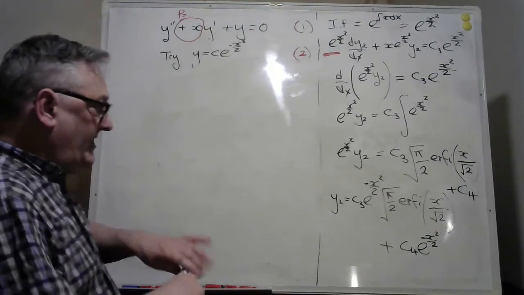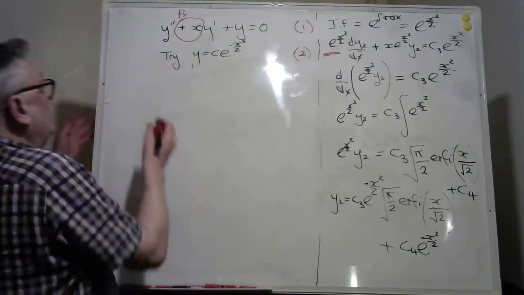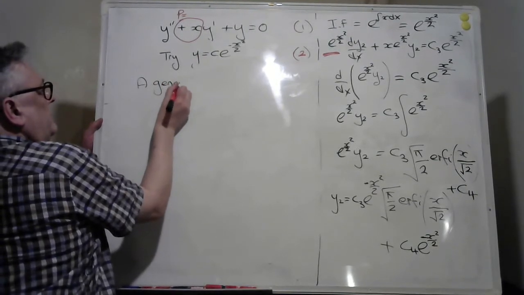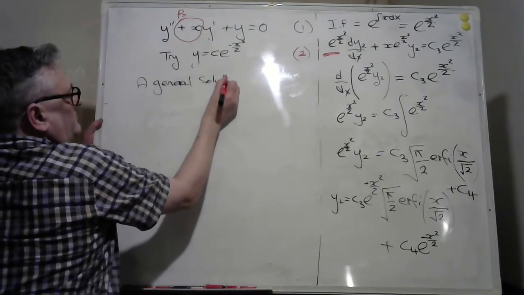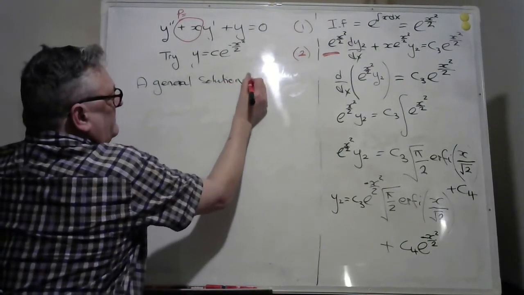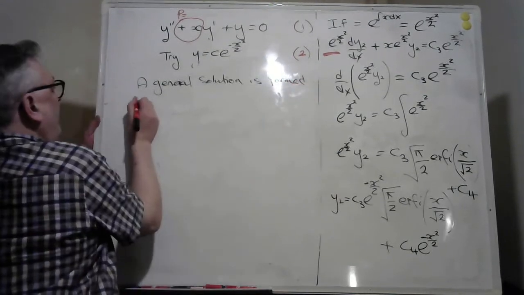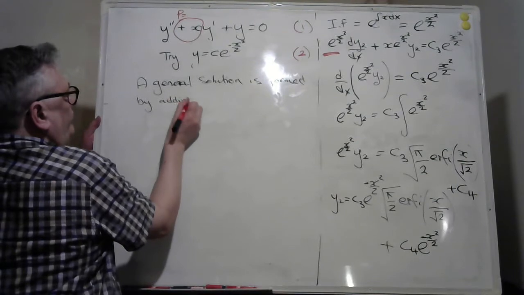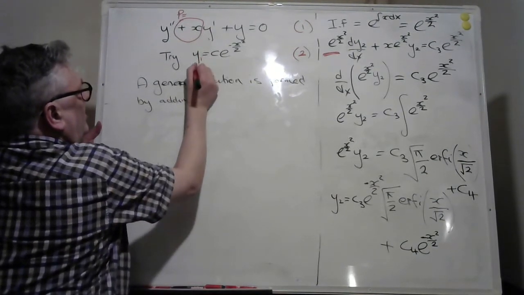Okay. So we know that a general solution is formed by adding, well, this would be y1, wouldn't it?